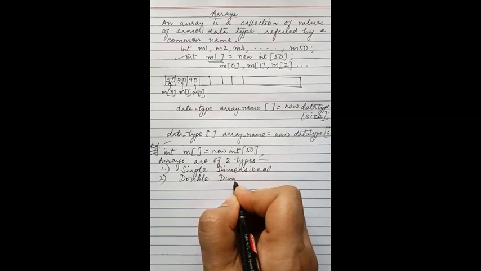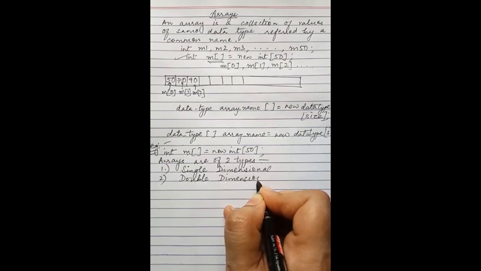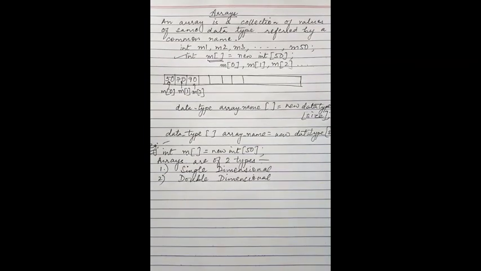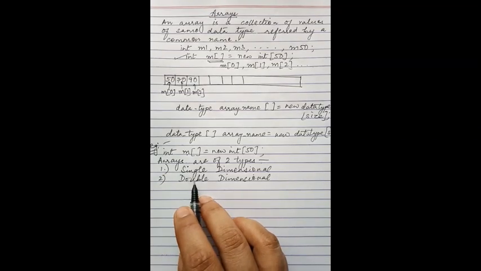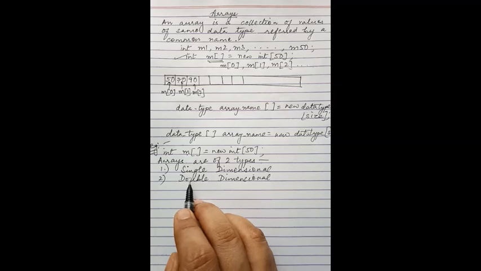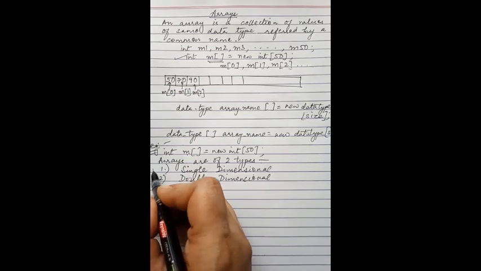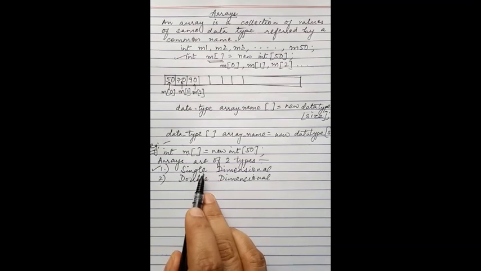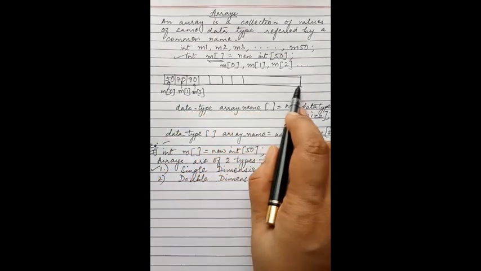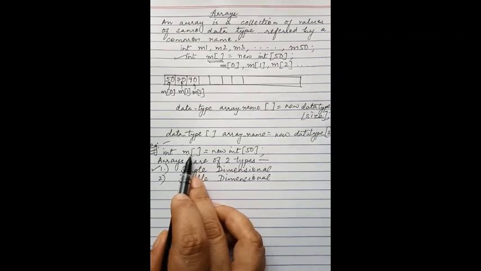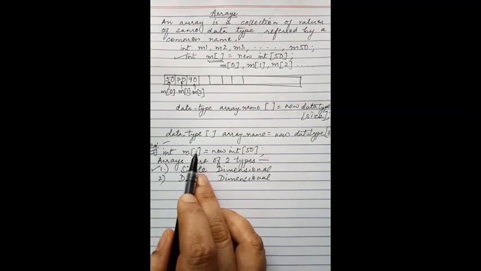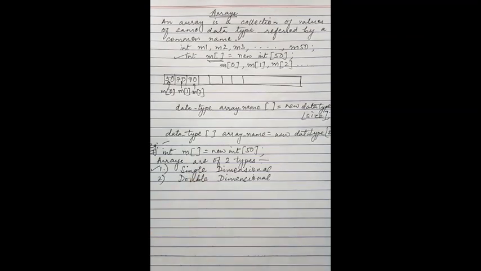We will only be dealing with single dimensional arrays in class 10th because double dimensional arrays are not a part of the syllabus of class 10th. They are a part of syllabus of class 11th and 12th. So we will be dealing with single dimensional arrays. Single dimensional arrays are arranged in a single line in the memory, and one dimension means there will be one square brackets to declare the array. This is how the array will look like.